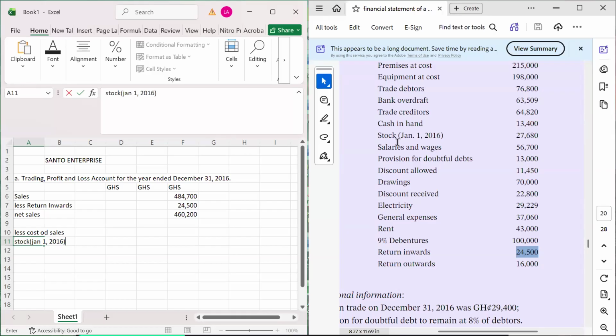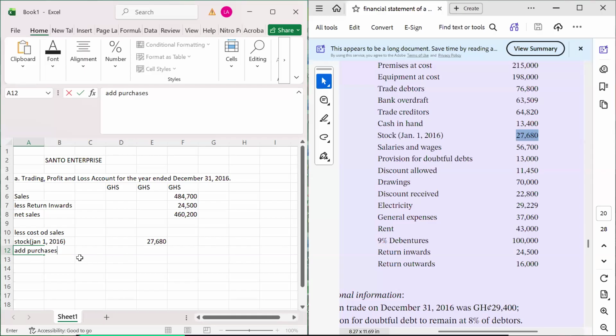That is the date. And this is the stock figure. So you put it here because you'll be doing adjustment to it. Then you add purchases.